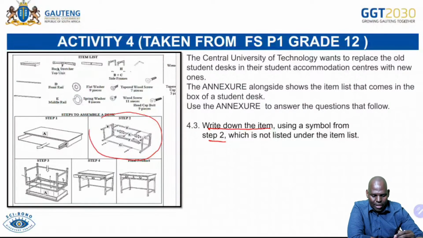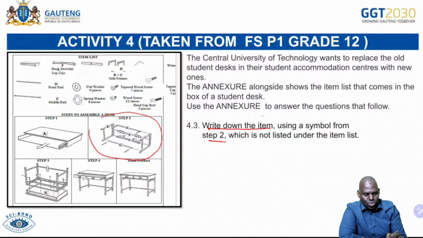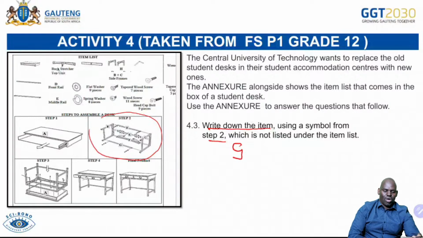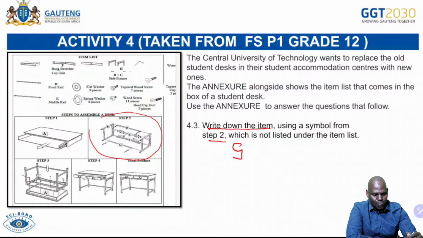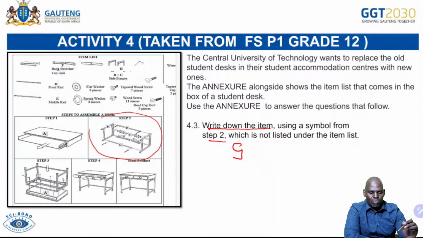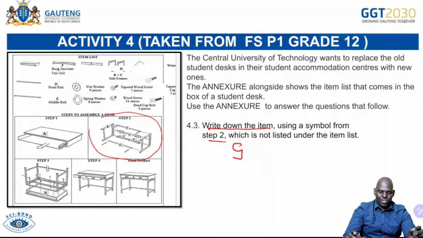So write down the item using a symbol. The symbol in this case will be G. So this will be letter G.